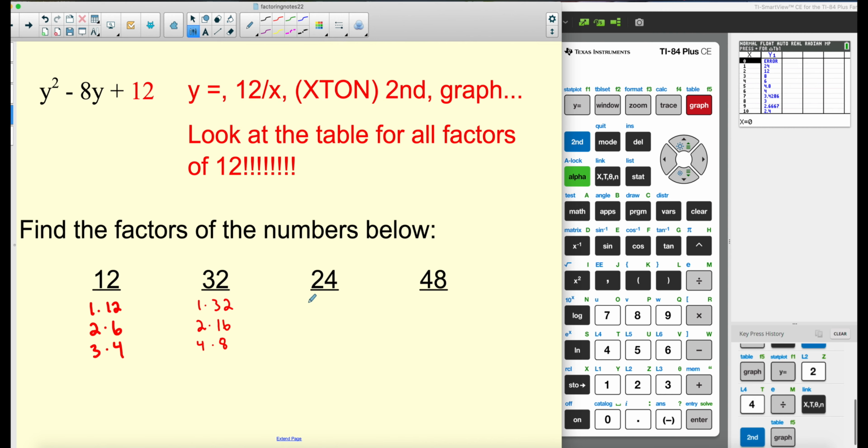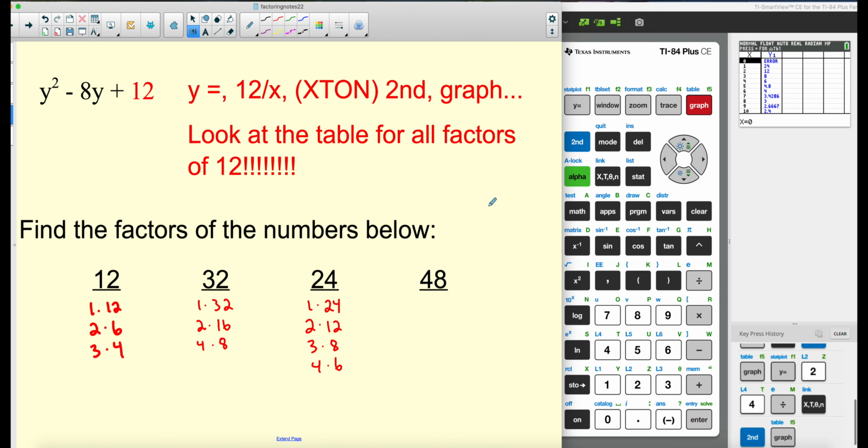Okay, good. 1 times 24, 2 times 12, 3 times 8, and finally 4 times 6. And there you go. Simple. 1 times 24, 2 times 12, 3 times 8, 4 times 6 all give you 24 when you multiply. That's how you find the factors with the TI-84 Plus.